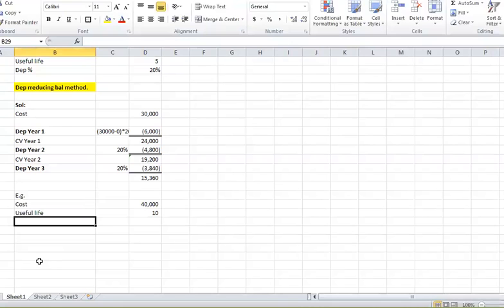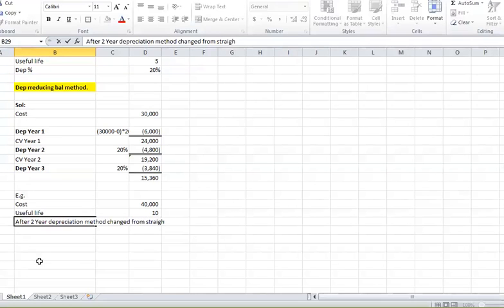And after 2 years, depreciation method changed from straight line to reducing balance method.